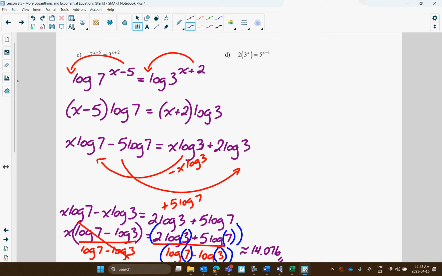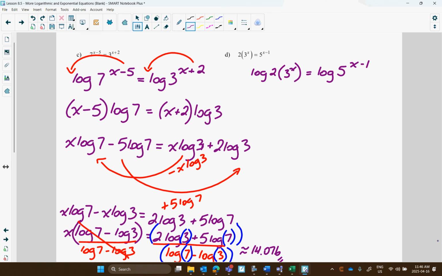Next one, can't make the bases the same. Log both sides. This looks a little different, because we've got a 2 times 3 to the x. Well, we can deal with that. You have to expand this into 2 separate logs.